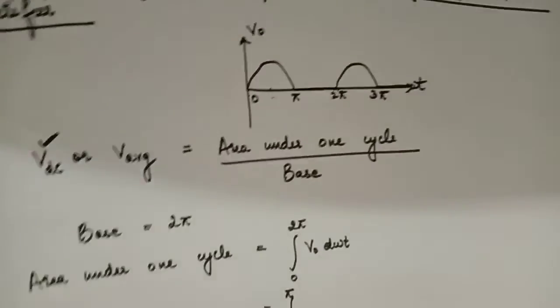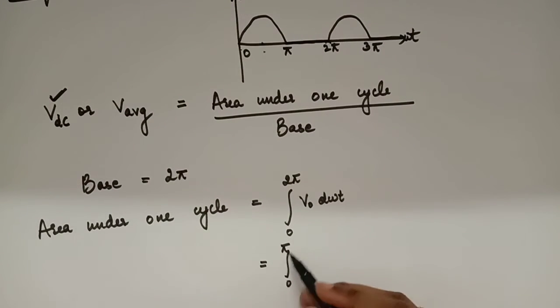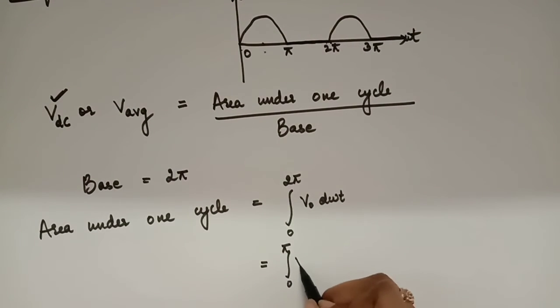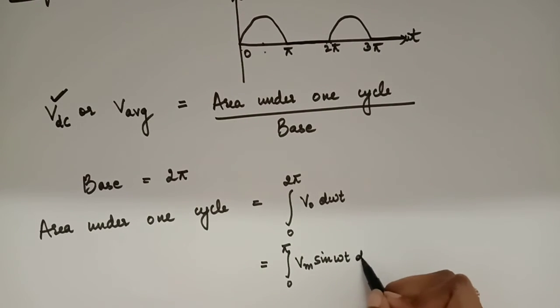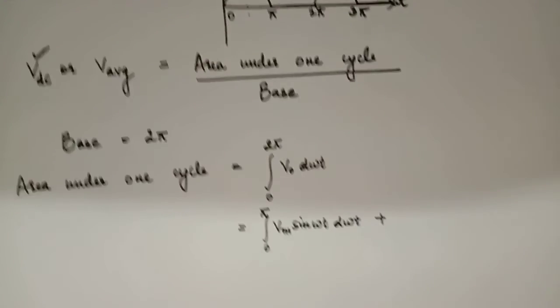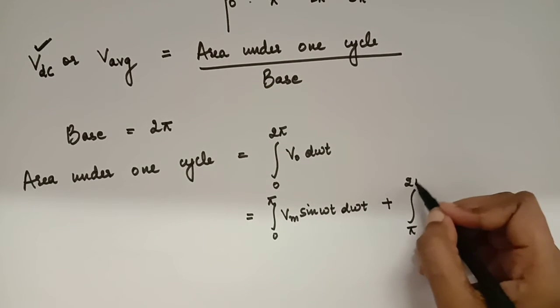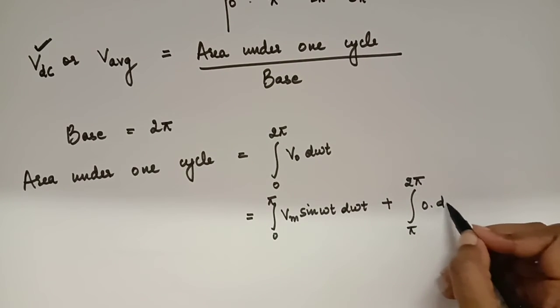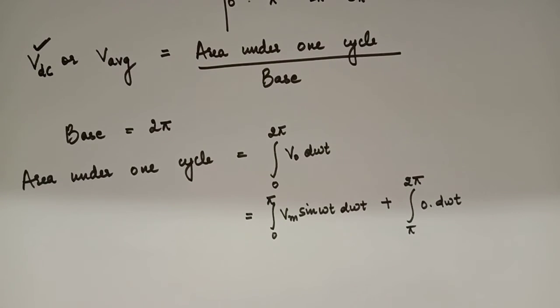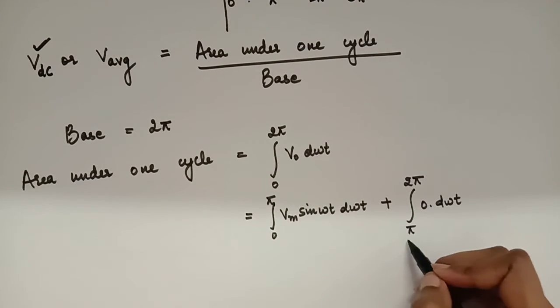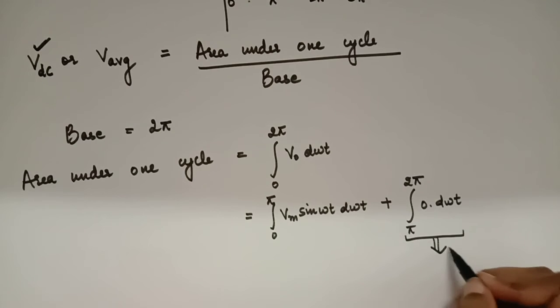So therefore, from 0 to pi, V naught equals Vi, which equals Vm sin omega t d omega t, plus from pi to 2 pi, V naught is 0 d omega t. So this part will be completely equal to 0.